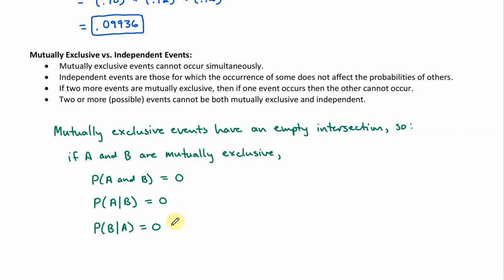And you can make the same kind of argument down here with the probability of B given A compared to the probability of B. So if you want to look at it algebraically, that will hold up, that there's no way you can have events that are both mutually exclusive and independent at the same time. And so just make sure you're comfortable with these terms because, like I said, if you're not used to them, it is easy to kind of confuse the two.